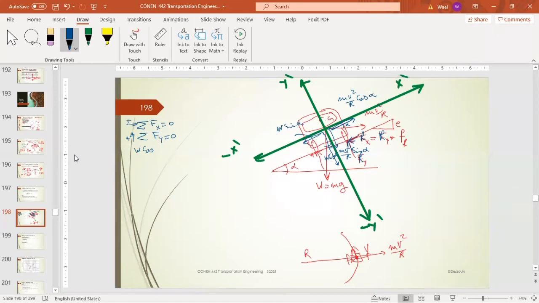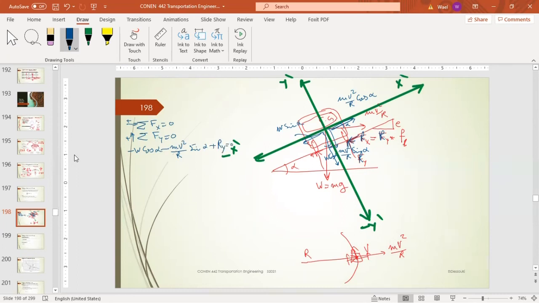W cosine alpha is going to be negative, minus mv square over r sine alpha, plus ry, the reaction in direction y.